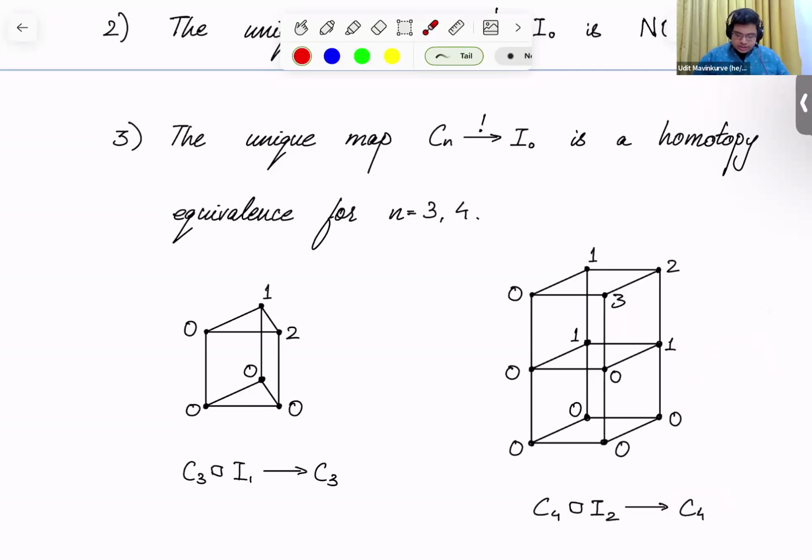Whereas you couldn't go directly from this to this, because then you would have an edge between 2 and 0, but you don't have an edge between 2 and 0 in the C4. So that's why you can't do it in one step. You need to take 2 steps. So that's sort of encoded in the notion of a graph map, that it has to preserve edges.